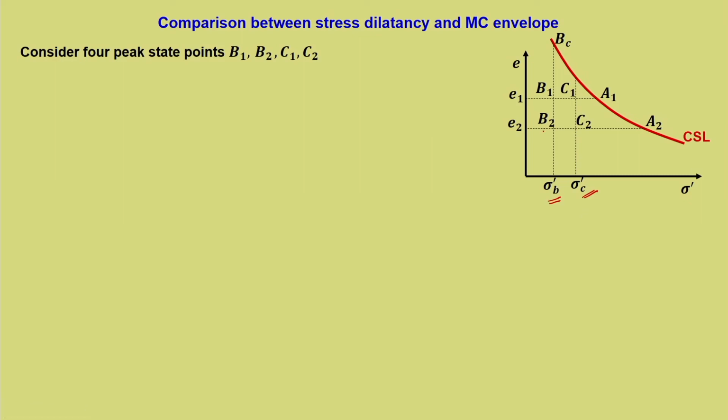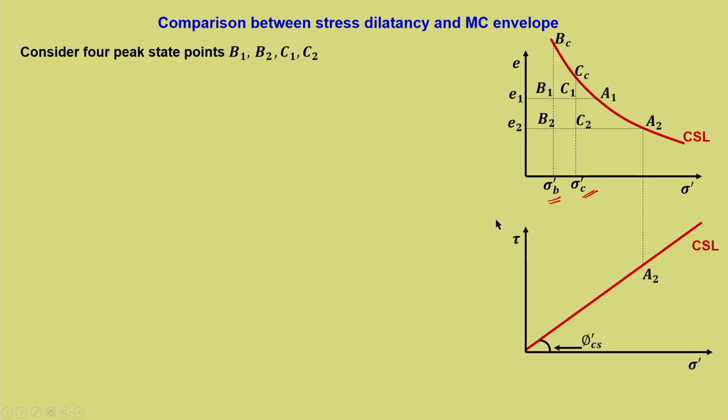BC is the point on the critical state line, and CC is the point on the critical state line. The same is shown, all the critical state points are mapped, that is BC, CC, A1 and A2.